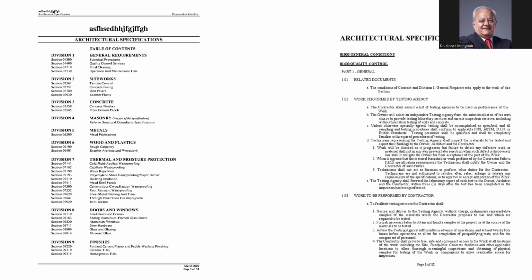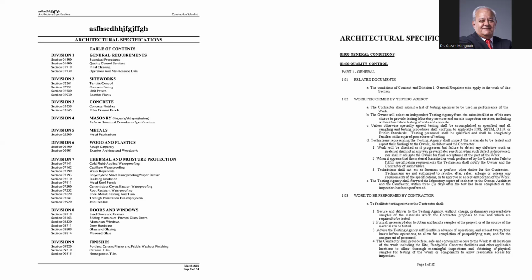This is wood and plastic. This is thermal and moisture protection, and the sub items, doors and windows. Each one of these items is specified individually here. So this is part 101, and each one is written here.